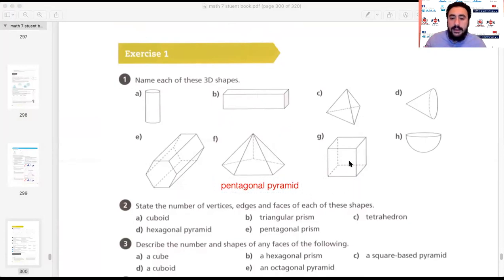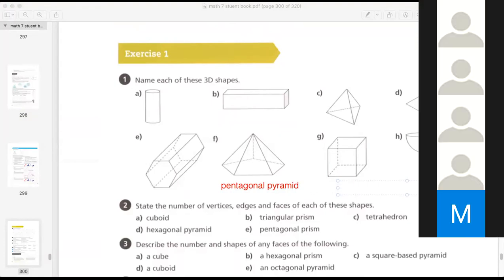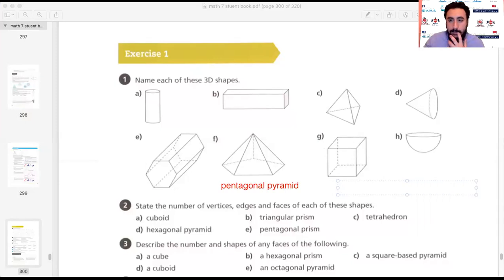What about letter G, Omar? Cube, cuboid, or what? Cube. Yeah, it's a cube. So let me write here, cube.